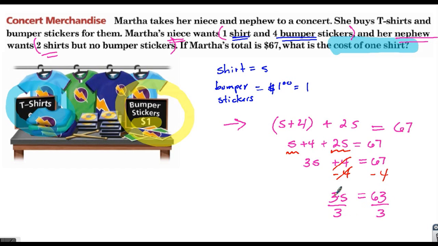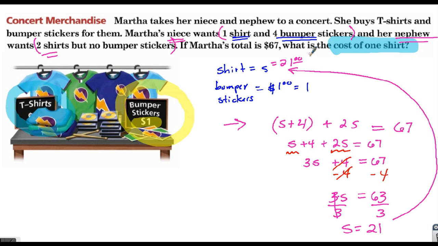Alright, so let's put that answer back over here to the front and find out if this answer is correct. Anytime we're trying to solve any word problem, go back and check your answer. Does your answer make sense? So let's go back to what was the question.